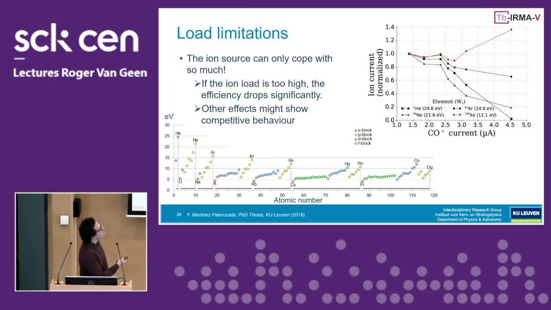And you can see that as you increase the CO current on the microamp scale, all of those are very much losing in their intensity, dropping from this reference point. But the amount of atoms of those different noble gases is not changing. It's just the efficiency that's dropping substantially, except for xenon.